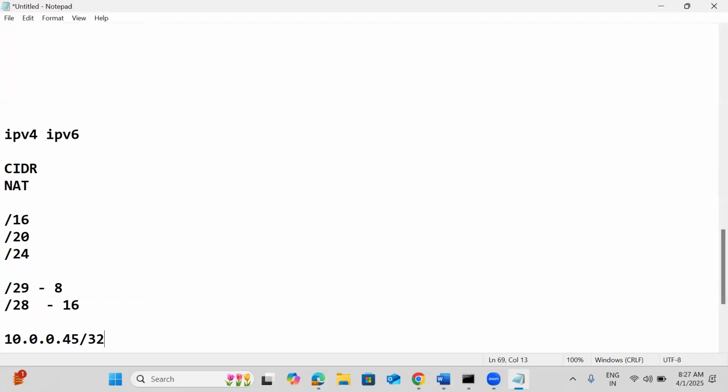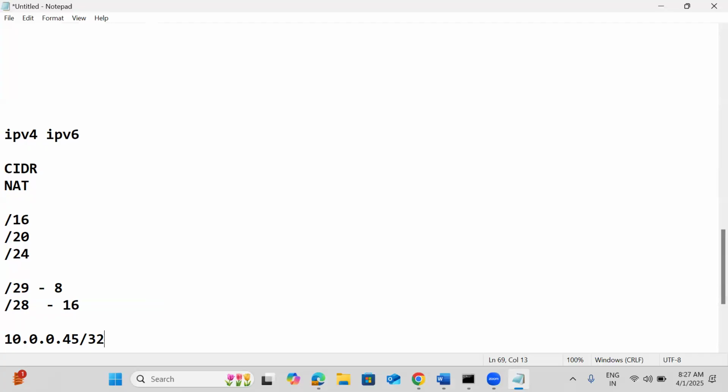So 2 to the power of (32 minus 32) is 2 to the power of 0, and anything to the power 0 is equal to 1. So if we want to represent only one IP in CIDR representation, you need to use /32.